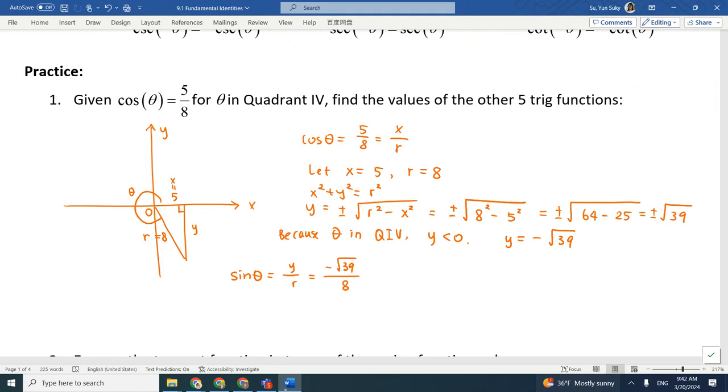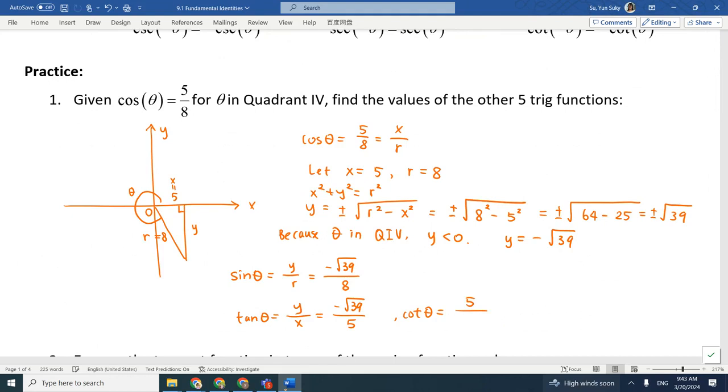Okay, what is tangent? Yes. And y is negative square root of 39 over x is 5, right? And we know that cotangent is the reciprocal of tangent. Reciprocal.